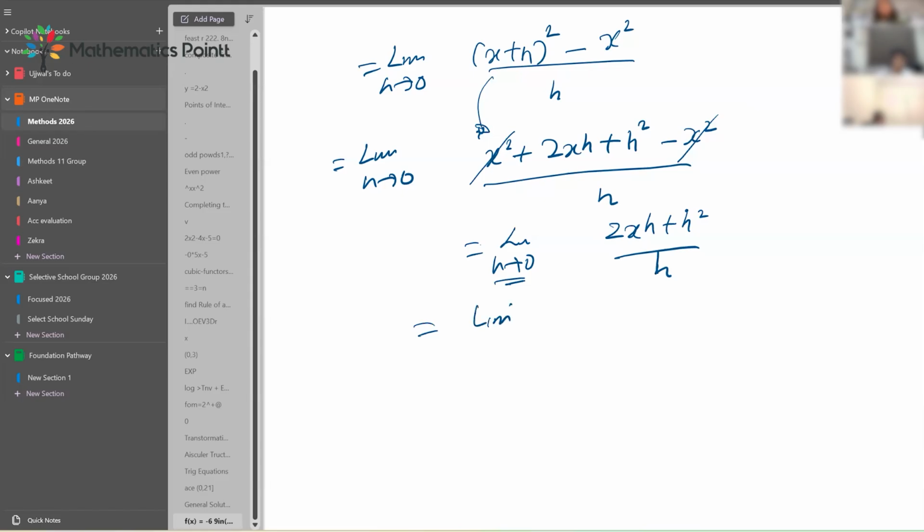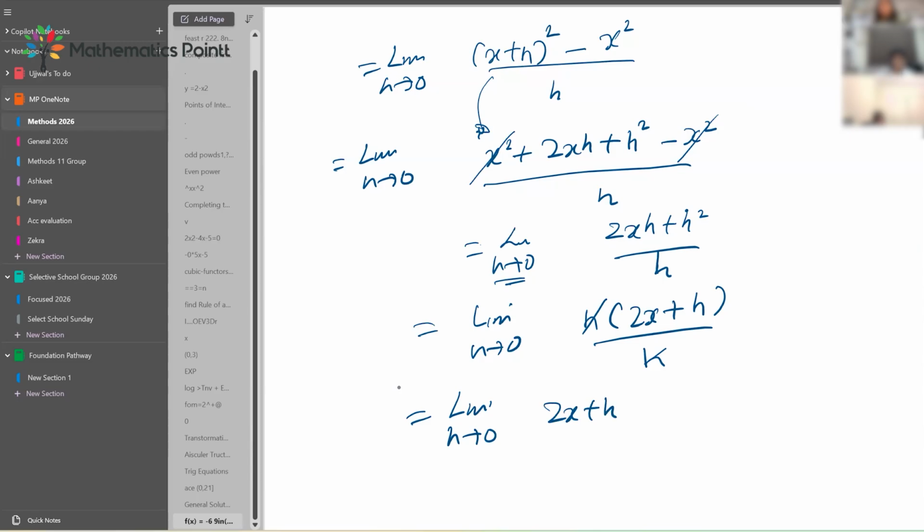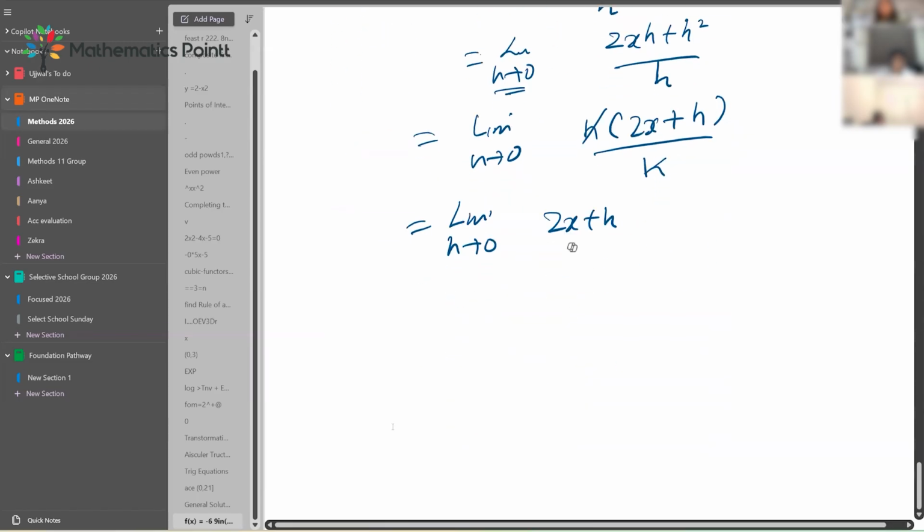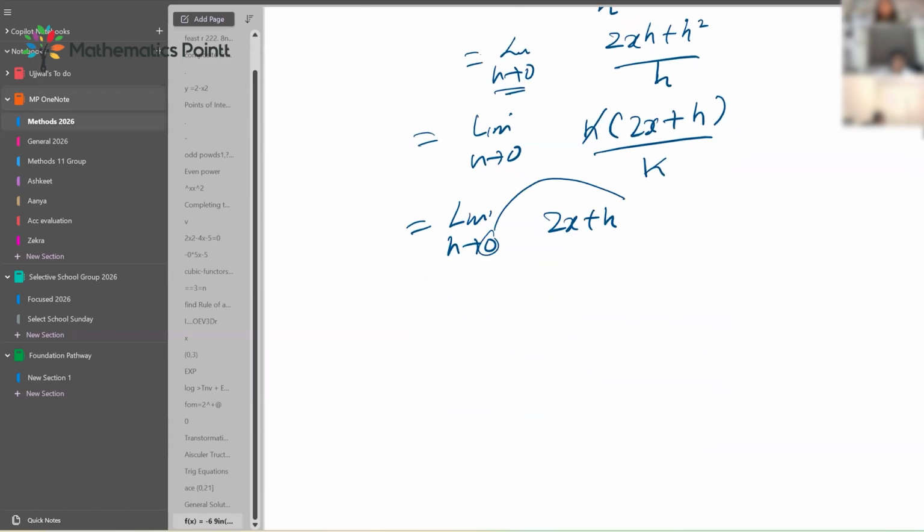I say limit h approaching 0, and I take h common, h(2x plus h) over h. H gone now. So what's remaining? Limit h approaching 0, 2x plus h. Now I can sub in 0 here, and eventually my derivative becomes 2x.